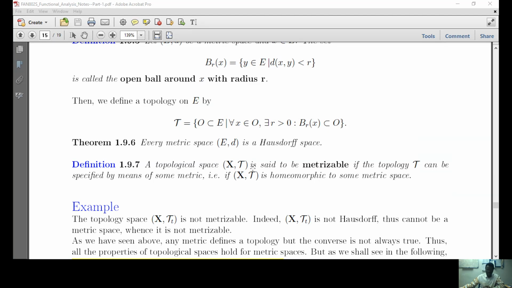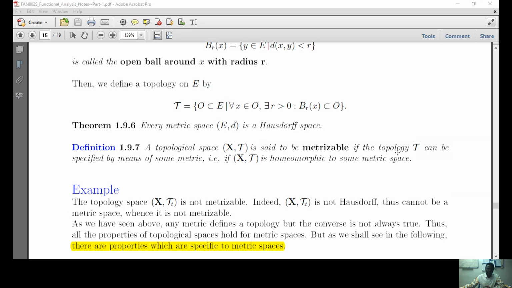A topological space (X, T) is said to be metrizable if the topology T can be specified by means of some metric, exactly what I said.